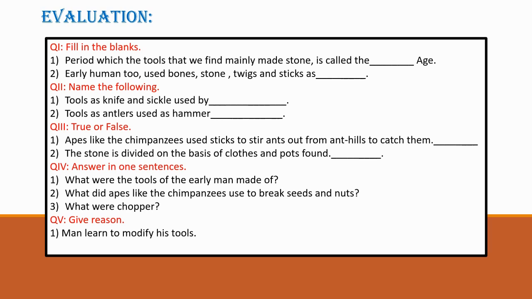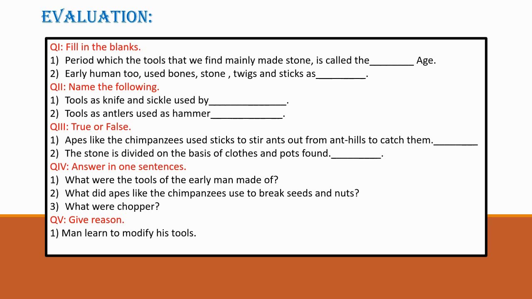Now give reason. Man learned to modify his tools. So the answer is man began to observe the environment and nature around him continuously and minutely.